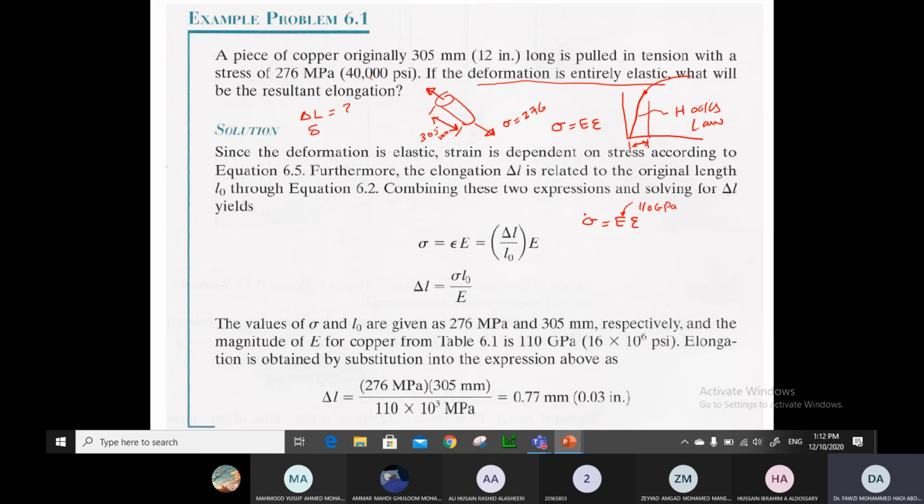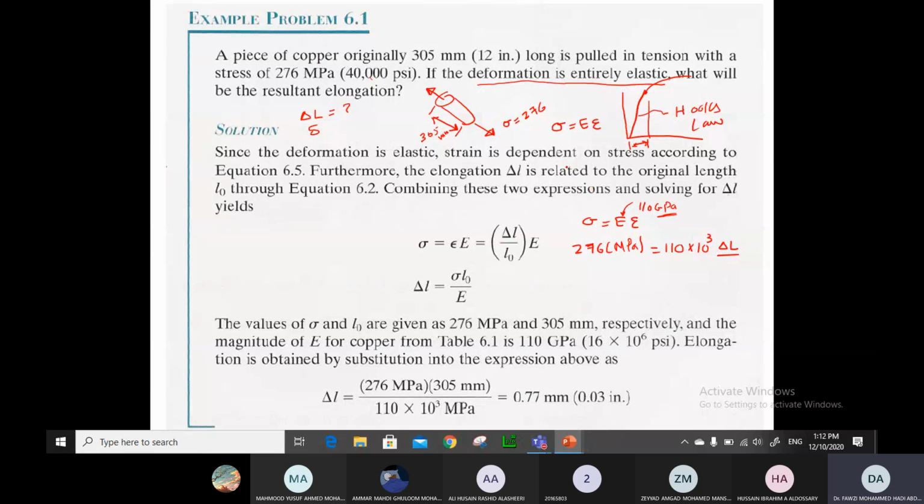So you substitute for the stress. You say 276 megapascals. Let's put the units in order to be consistent. It is equal to the stiffness, which is 110 gigapascal, so we need to convert that to be consistent, times 1 times 10 to the 3, multiplied by 1000, times the strain, which is delta L over L naught.